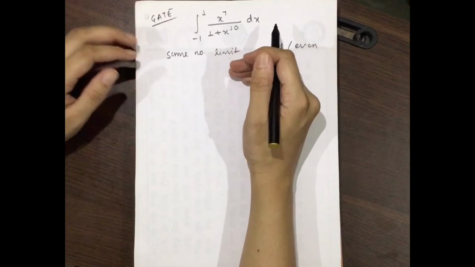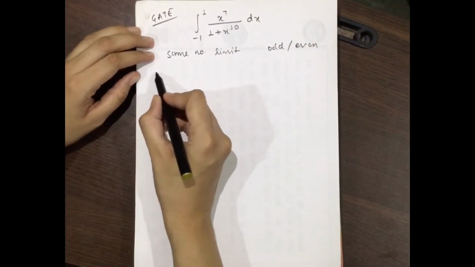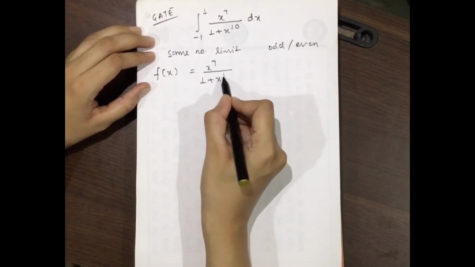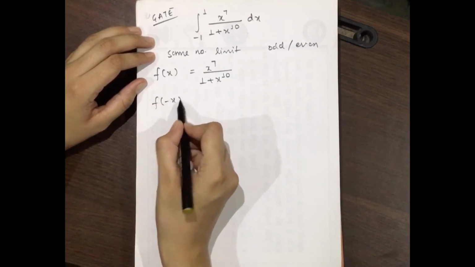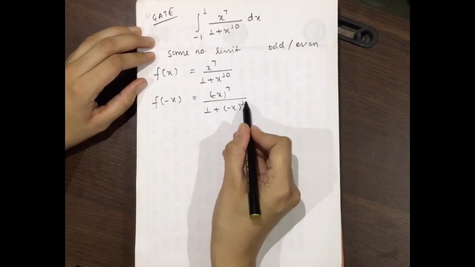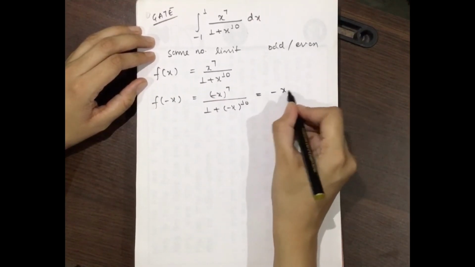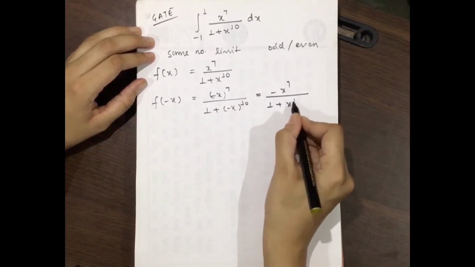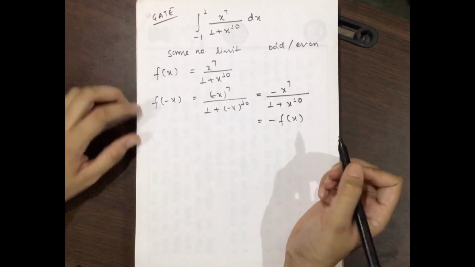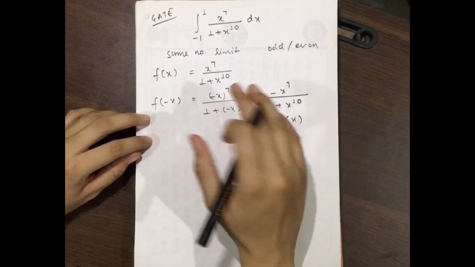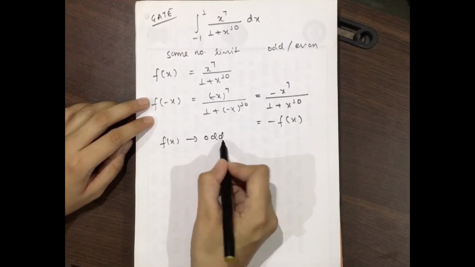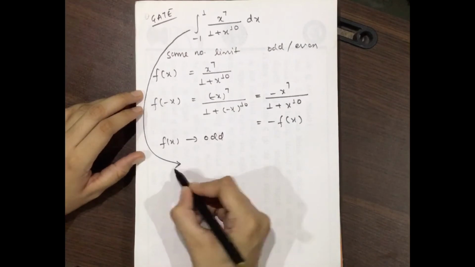So if we put x as minus x, so what we have here, f of x is equal to x to the power 7 upon 1 plus x to the power 10. F of minus x is minus x to the power 7 upon 1 plus minus x to the power 10, that is minus x to the power 7 upon 1 plus x to the power 10, which is equal to minus of f of x, right? So what we have got is, it is an odd function, and so the result is 0. Simple.